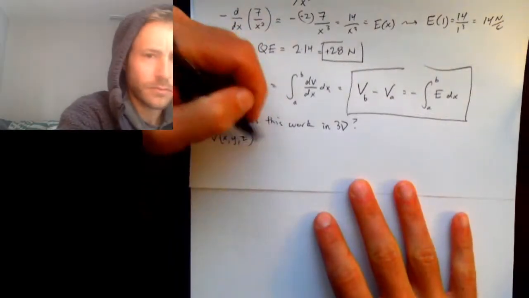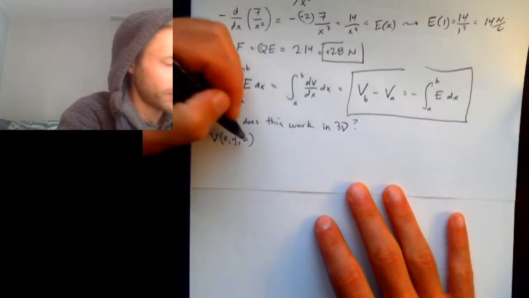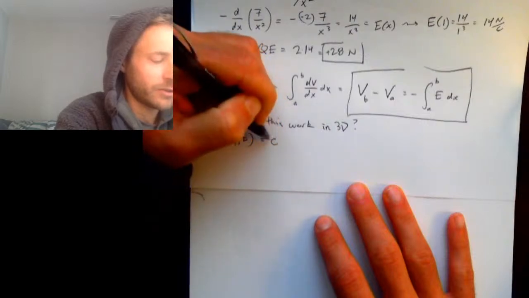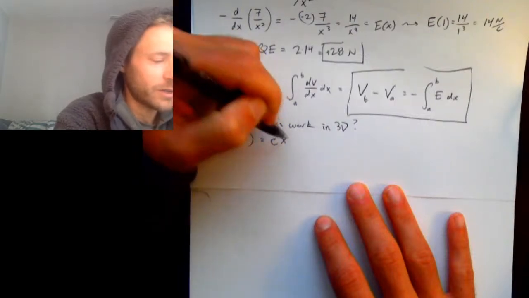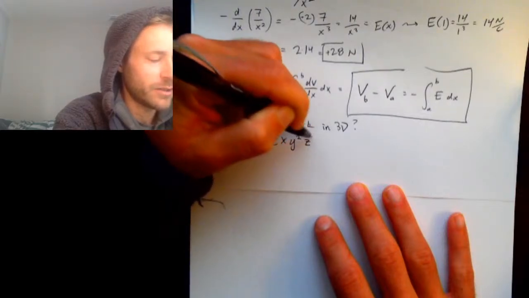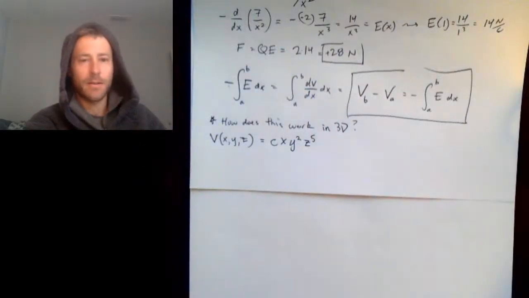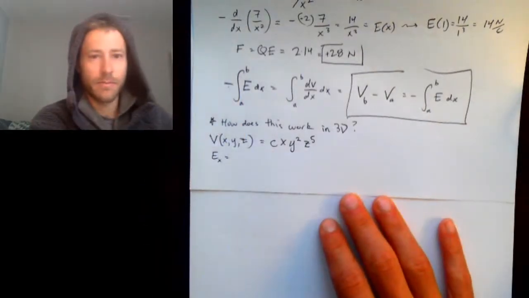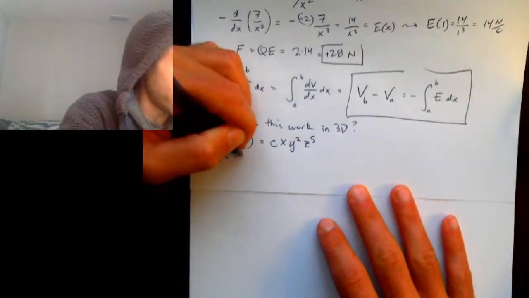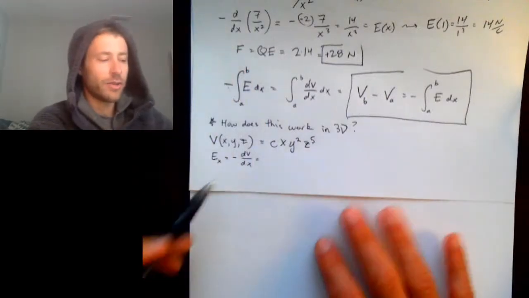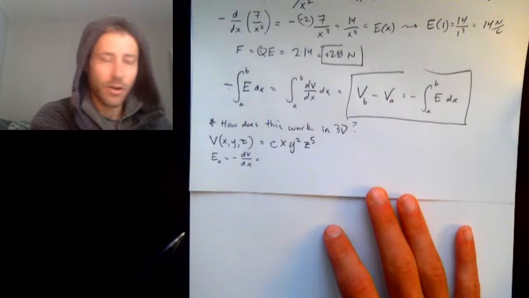So in that case, let me just give an example. Let's say it's a constant times x times y squared times z to the 5th. Okay? So if I wanted the x component of the electric field, I would do minus the derivative with respect to x, but I'm going to treat y and z like they're constants.